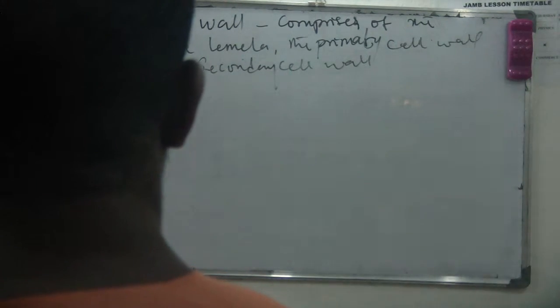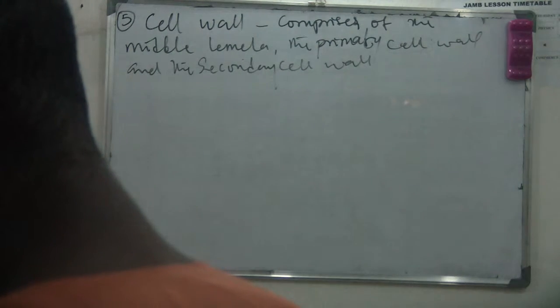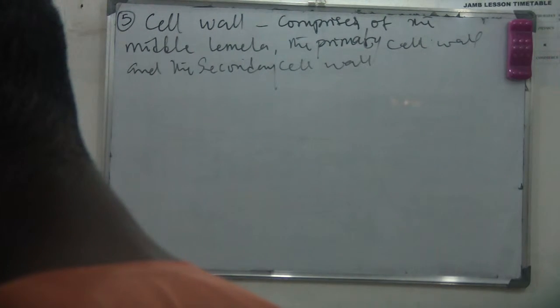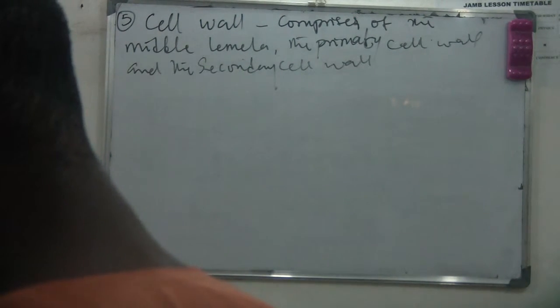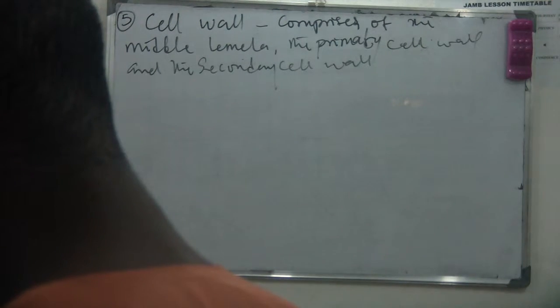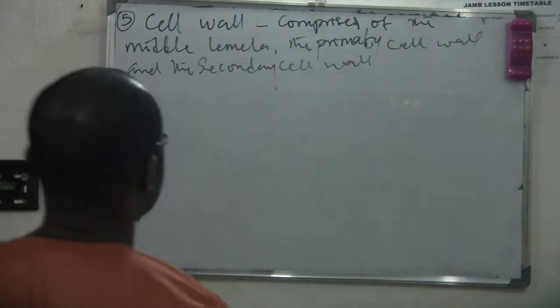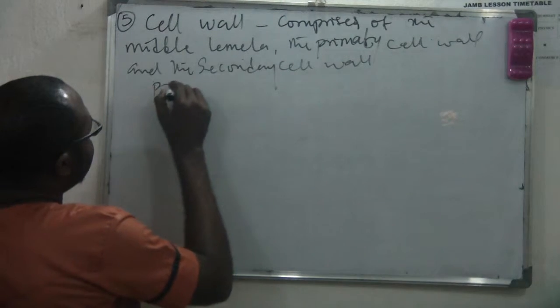The various parts of the cell wall have various functions. The middle lamella is responsible for actively dividing the cell into the primary and secondary regions. The primary cell wall synthesizes cellulose.